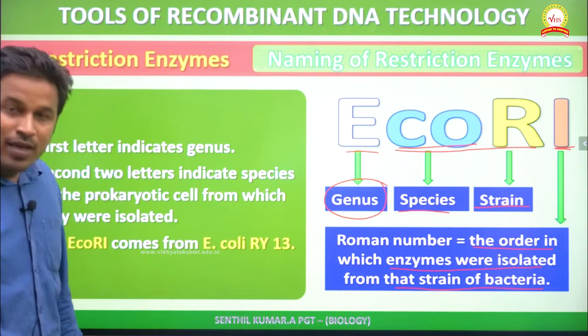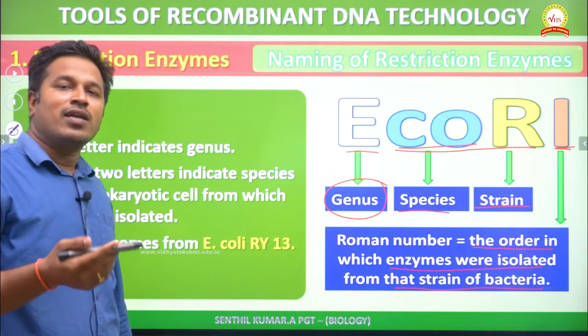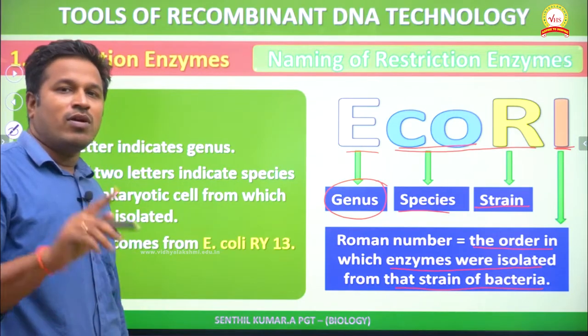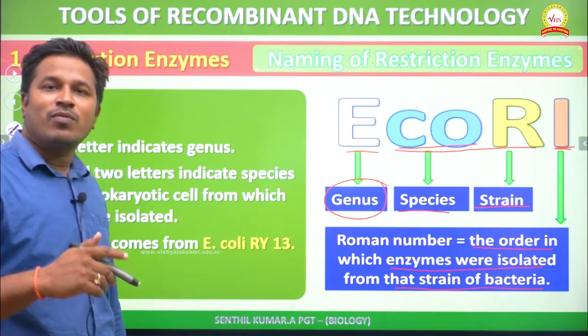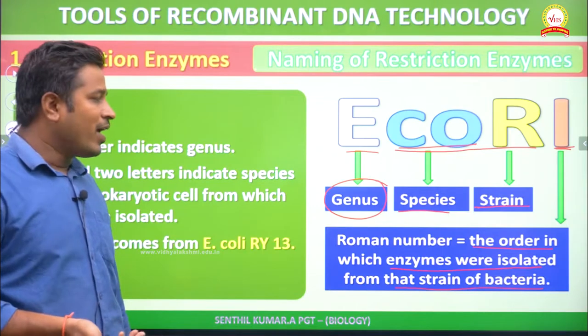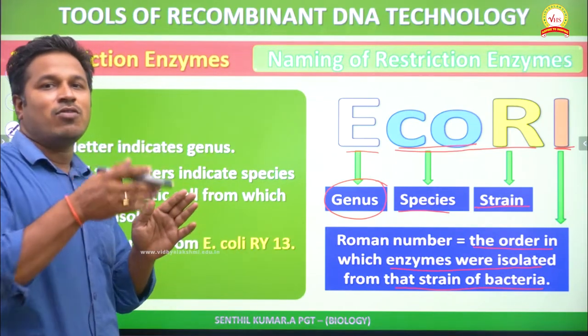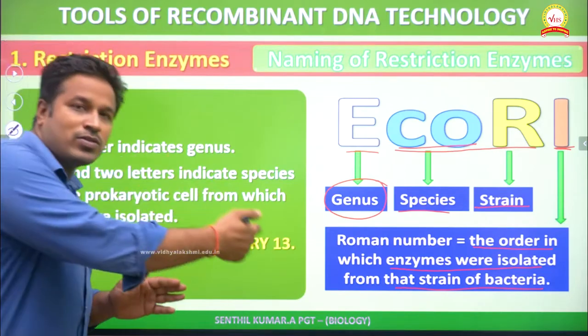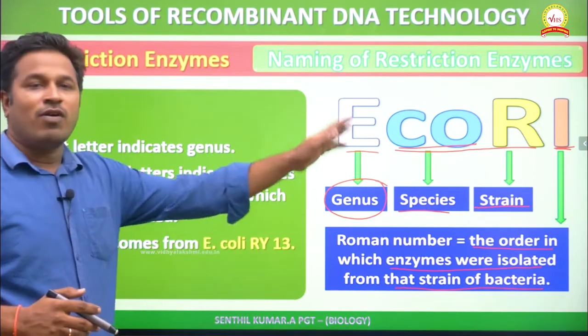From one bacteria we can get more than two enzymes. In that case, we mention Roman numeral I enzyme, Roman numeral II enzyme. For that purpose we use the Roman numeral.